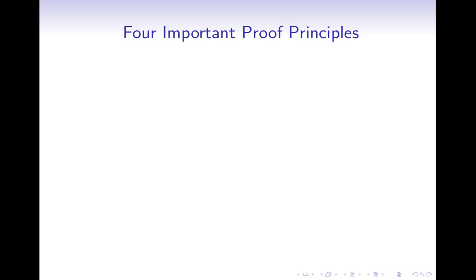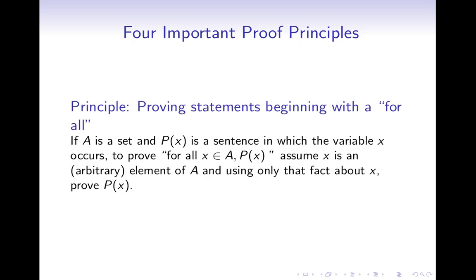Okay, now we look at the proof principles, which I've organized into four principles. The first is proving a for all statement. This probably makes more sense when you're looking at a specific example, and we will shortly.